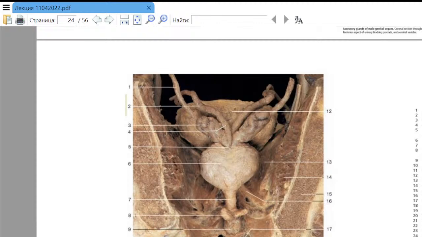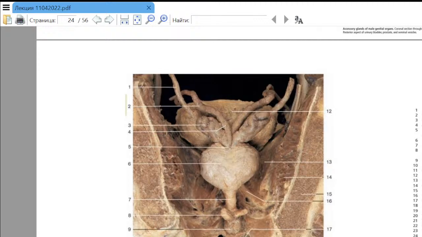This is the membranous part of the urethra.